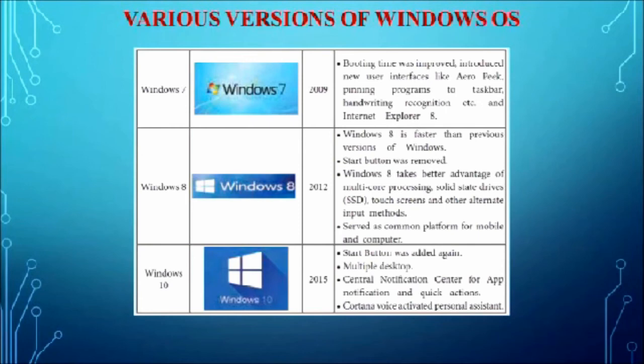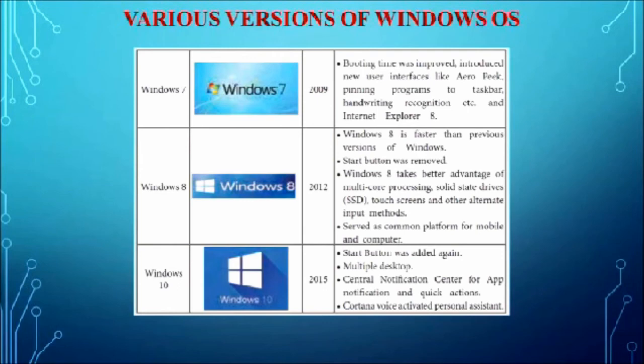The last version of Windows is Windows 10. It was introduced in the year 2015. So the specific feature of this Windows 10 is that the Start button was added to Windows again. It also has a specific feature, that is multi-desktop.